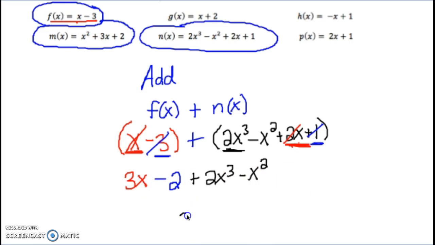Remember, a long time ago, probably back in Math 1, we talked about ascending order and descending order. We typically write polynomials in descending order, which means the degree, or the number of variables that we have, goes down. So here we have 3 x's, 2 x's, 1 x, and no x.